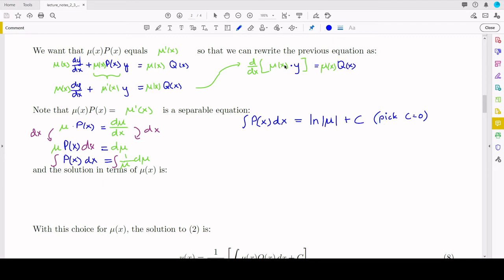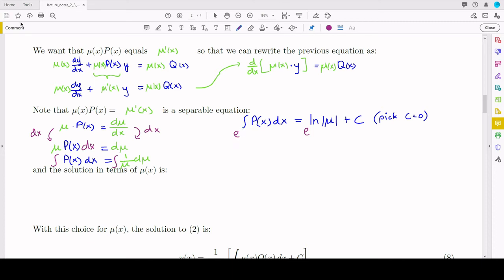So now I get e to the power integral of p of x dx, and then e to the power ln of mu. The e and the ln cancel each other out.